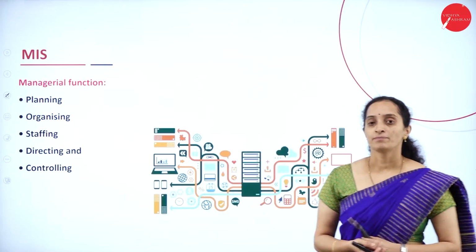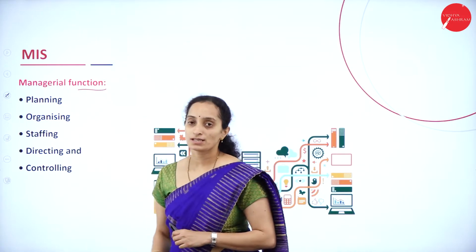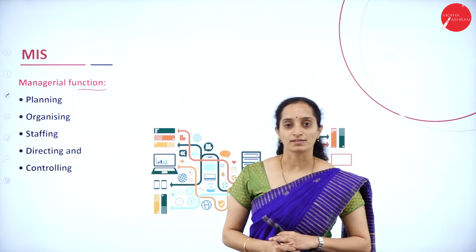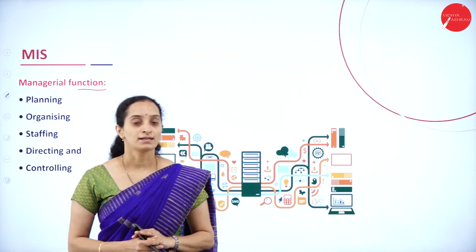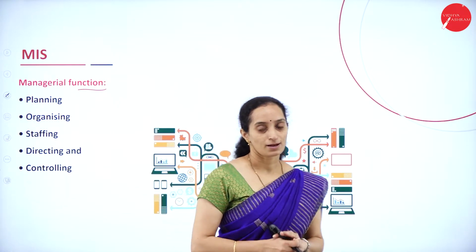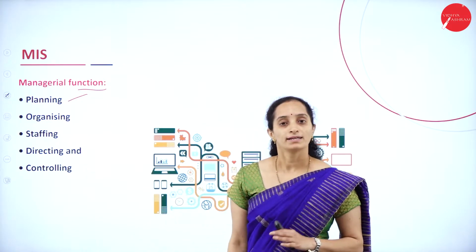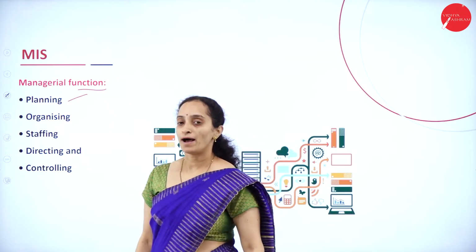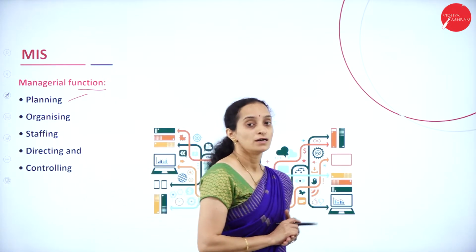The next thing that you want to know in MIS is the managerial functions. What are the functions of a manager or the functions that are done in an MIS? Alright. The first thing is to plan. It is the responsibility of the manager to make a proper plan for anything.